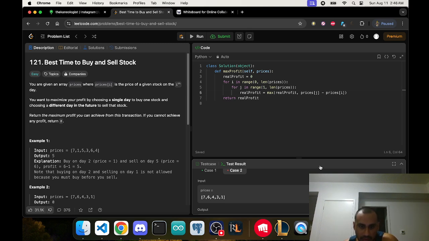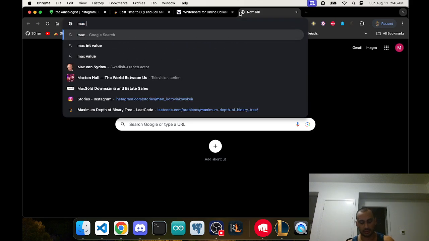Yeah, if it's a decreasing array, I don't get how it wouldn't. Real profit would be 0. Let's look at the max function in Python.